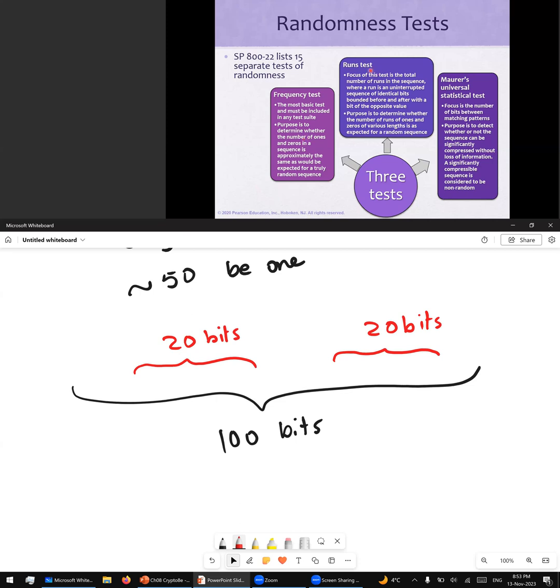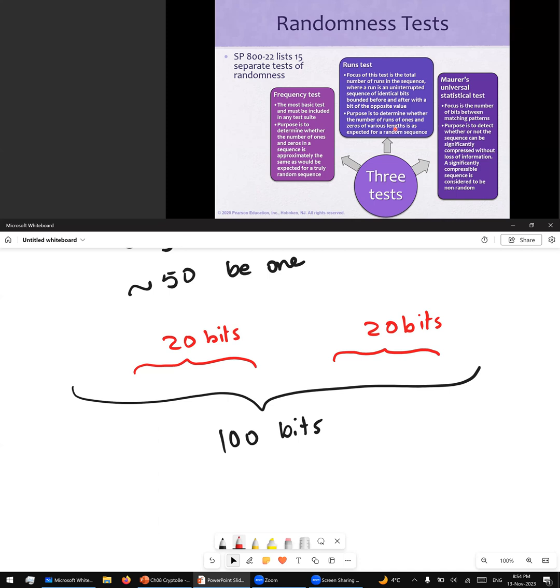The runs test focuses on the total number of runs in the sequence, where by run we mean an uninterrupted sequence of identical bits, like a sequence of, say, 10 zeros or 10 ones within a longer random string. It's a variable length.